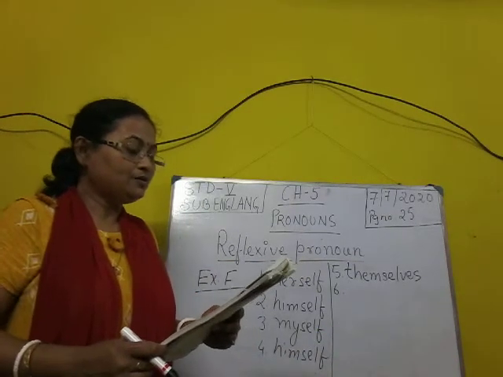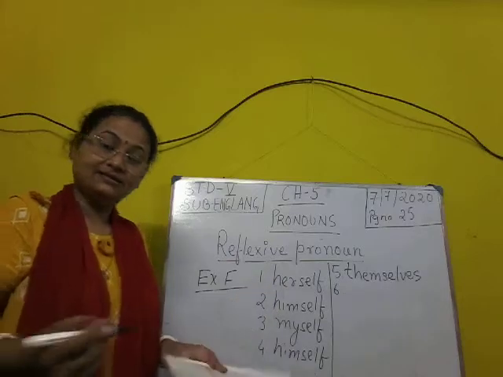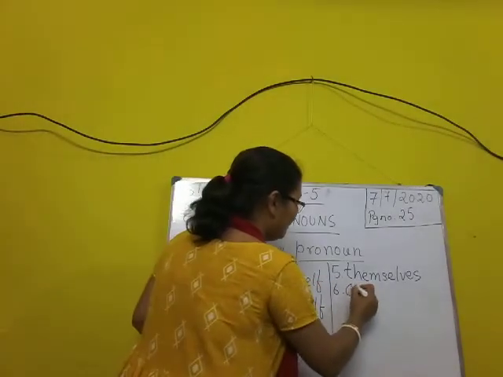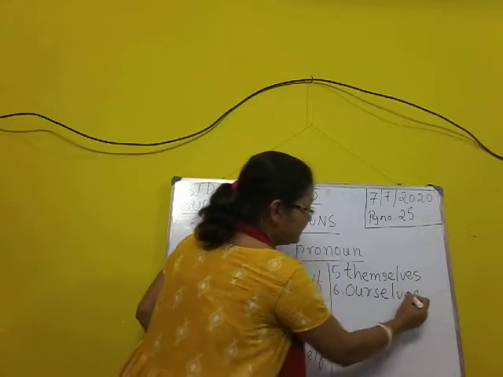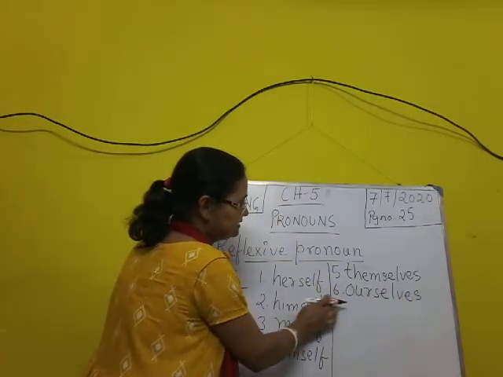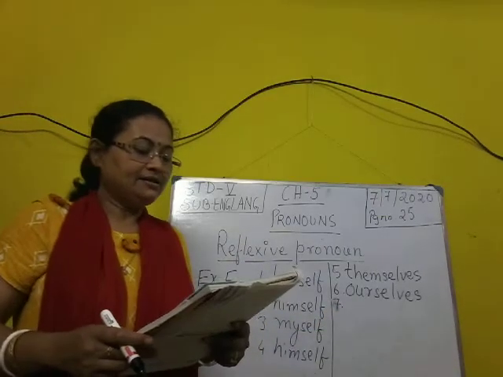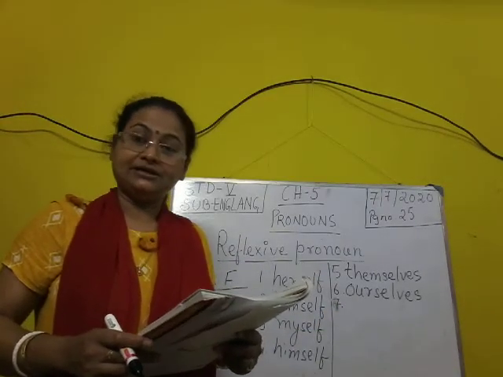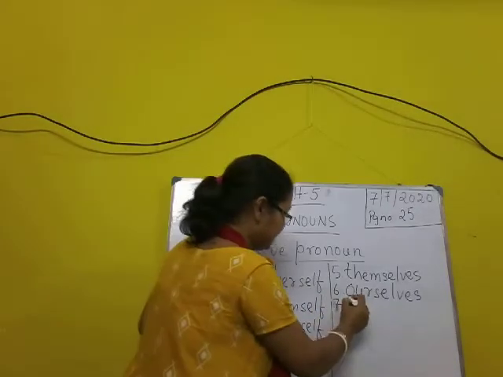Then number 6. We cooked the food by blank. We means plural, so ourselves. Number 7. Read the sentence and try to do. He wrote the application all by blank. He means himself.